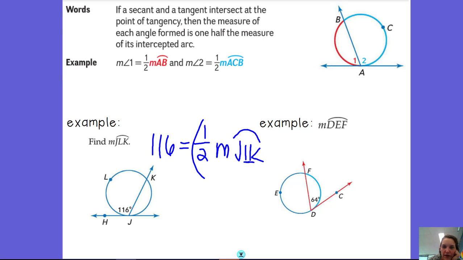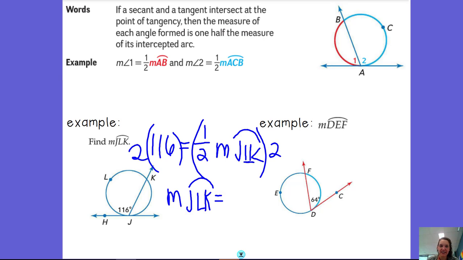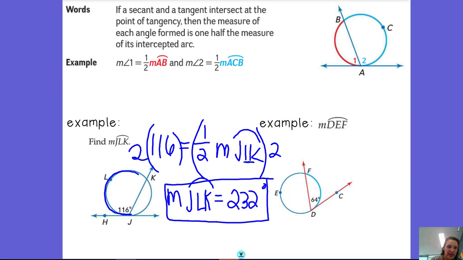So I'm going to multiply both sides by 2 to get the measure of the arc. So the measure of arc JLK is going to be 116 times 2, which is 232 degrees. So the measure of arc JLK is 232 degrees.